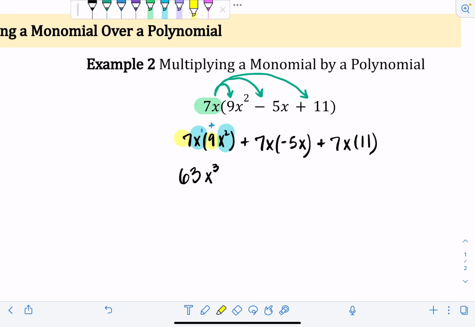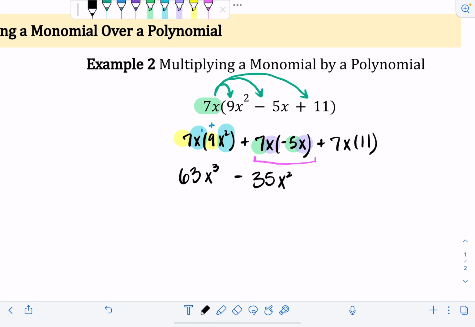And then for the middle term, I would multiply the constants. So I would do 7 times negative 5, which is negative 35. So instead of plus, I would write minus 35. And then x times x, I would multiply my x's together, which is x squared.